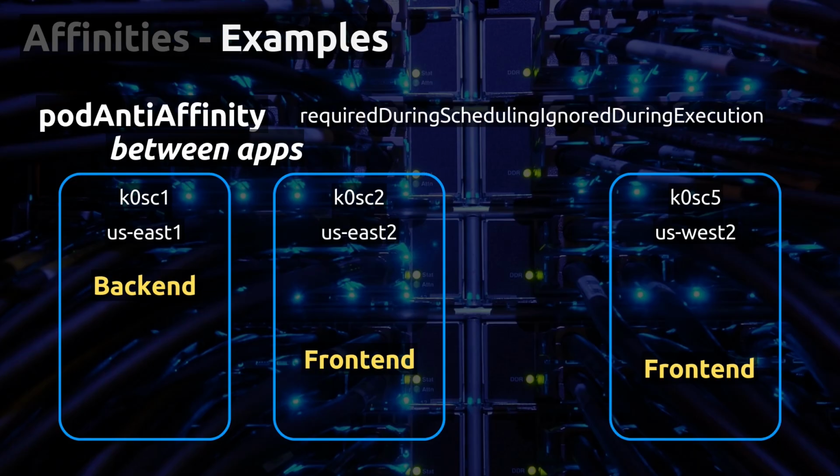If you have a leader and followers, we can imagine here the backend is a leader and we have some followers, and with the pod anti-affinity, we don't want to have the follower at the same place as the leader. So this is where pod anti-affinity can be really cool.